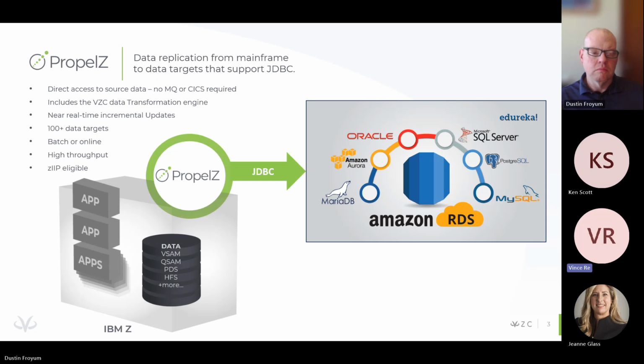But the other capability we've added recently is we can run them in parallel. So you might run, let's say, I don't know, 10 copies of PropelZ concurrently. And then, assuming you have the bandwidth for it, you can rip through millions of data sets in relatively short order that way, again, depending how much bandwidth you have.